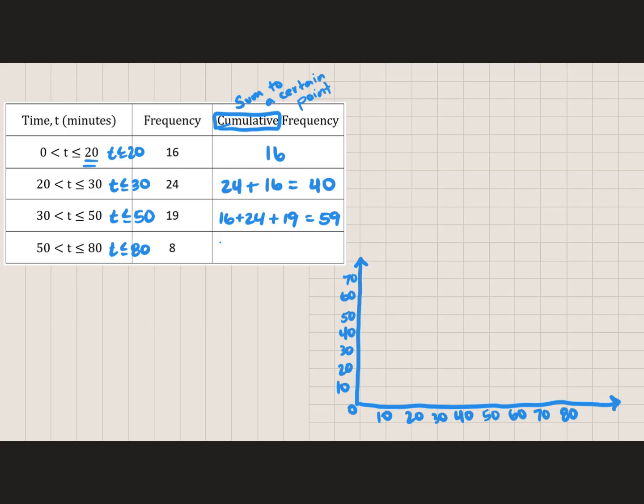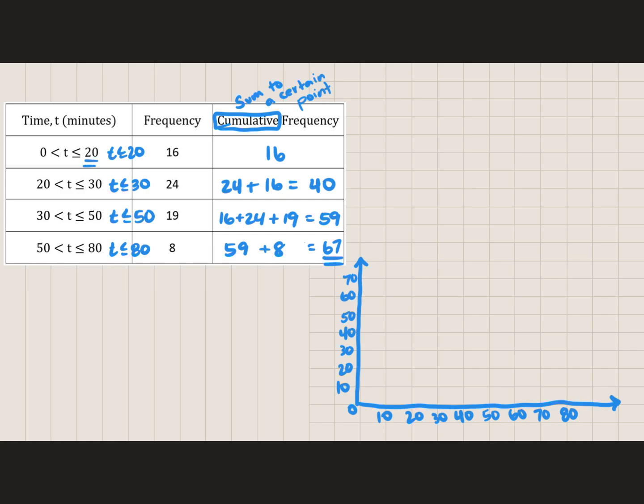So we can do that as 16 plus 24 plus 19 plus 8 would give me 67. Or what you might have noticed, and what we could do instead is we can just take our previous 59 that we already know plus the 8 new gives us that 67. Okay. And so there would be our cumulative frequencies from those values.